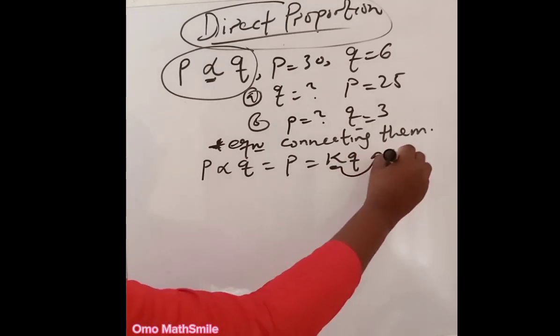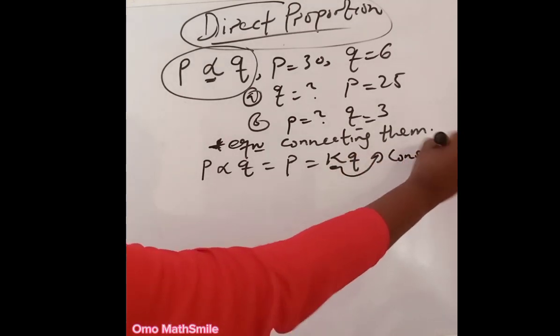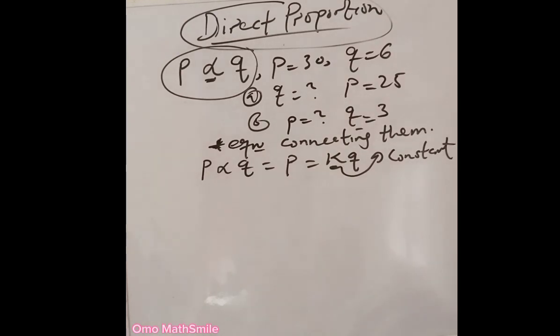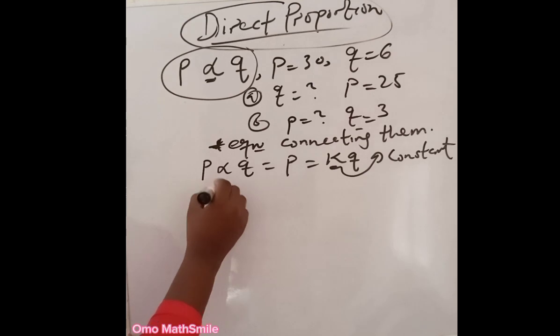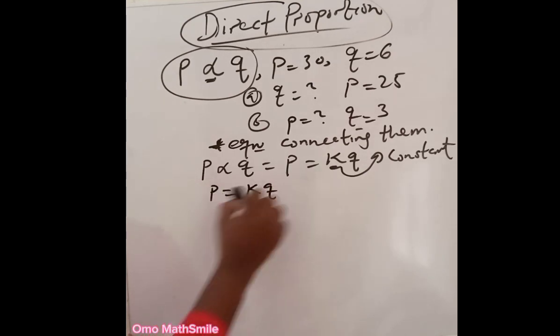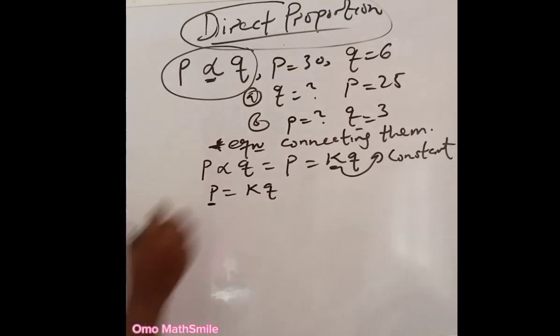You can see the introduction of the constant K there. K is constant, so we have to introduce that before we can determine the equation connecting them, or the relationship.